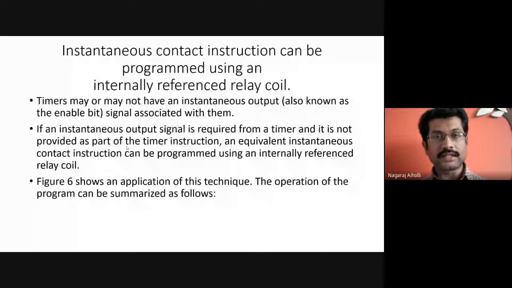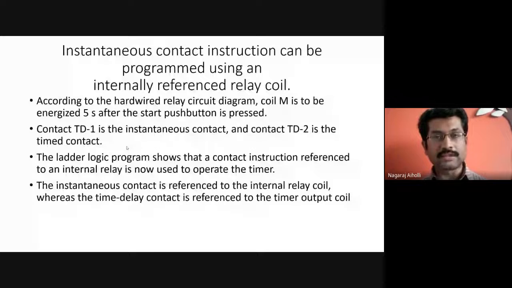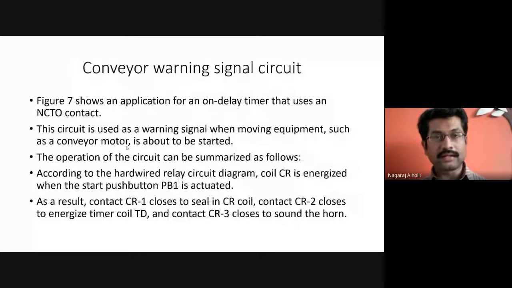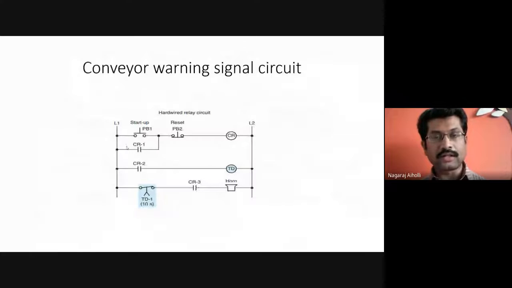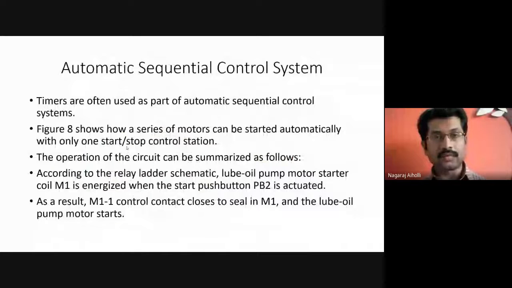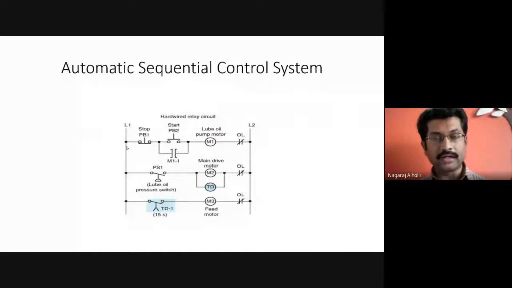What is instantaneous contact? What is timed contact? The concepts about these. Then the conveyor warning signal circuit to turn on the horn. Automatic sequential control systems consisting of 3 motors, M1, M2, and M3, and how they are turned on in sequence.